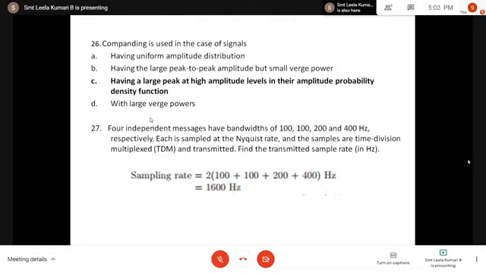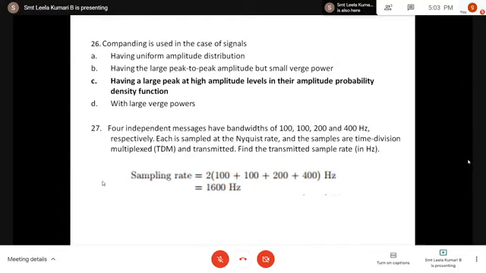So companding is used in the case of having a large peak at high amplitude levels in their amplitude probability density function. Because of the large variations of the signals, we are using companding, so that the signals of strong amplitudes are compressed and the signals of weak amplitudes are expanded. Therefore, option C is correct.